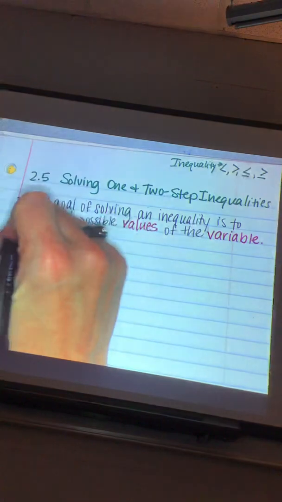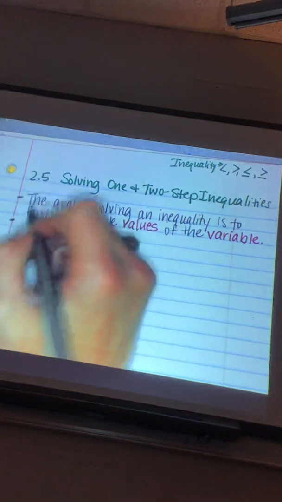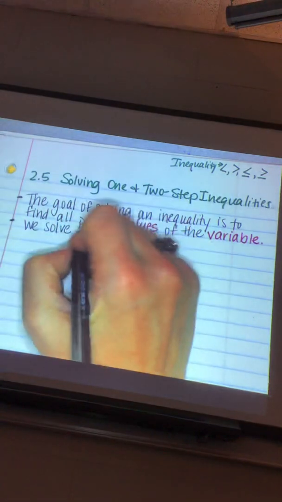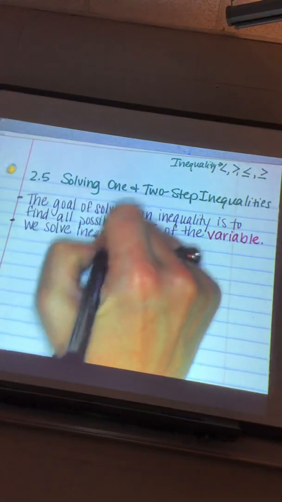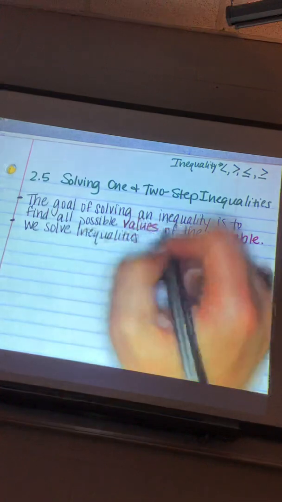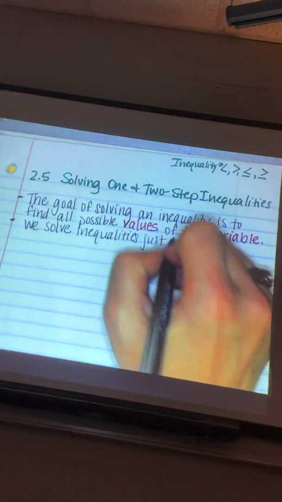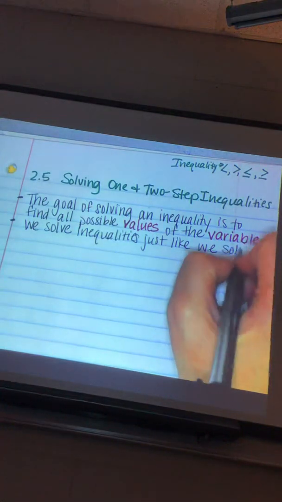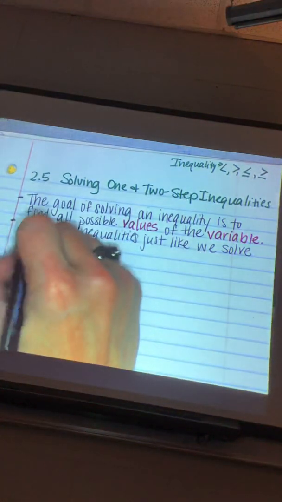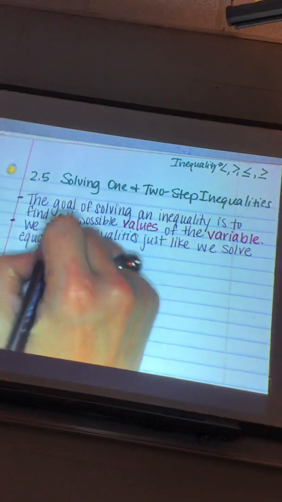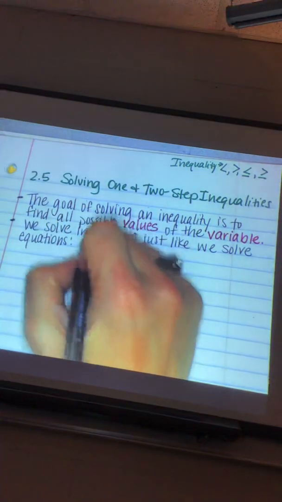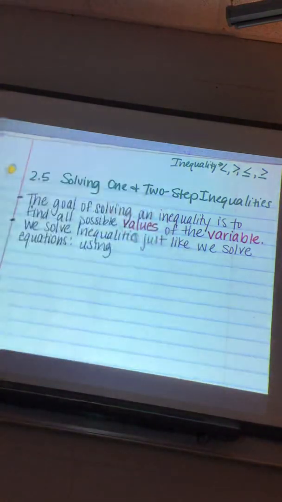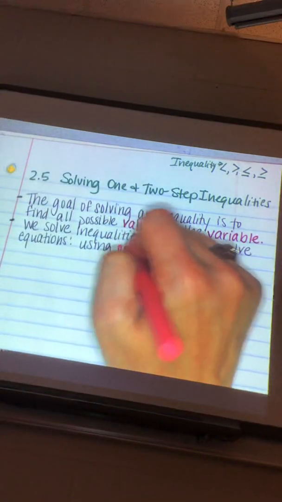Point number 2. We solve inequalities just like we solve equations by using opposite operations.